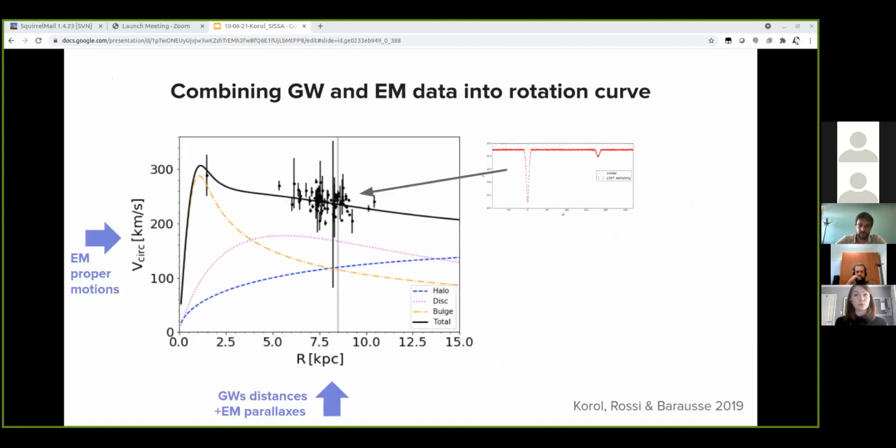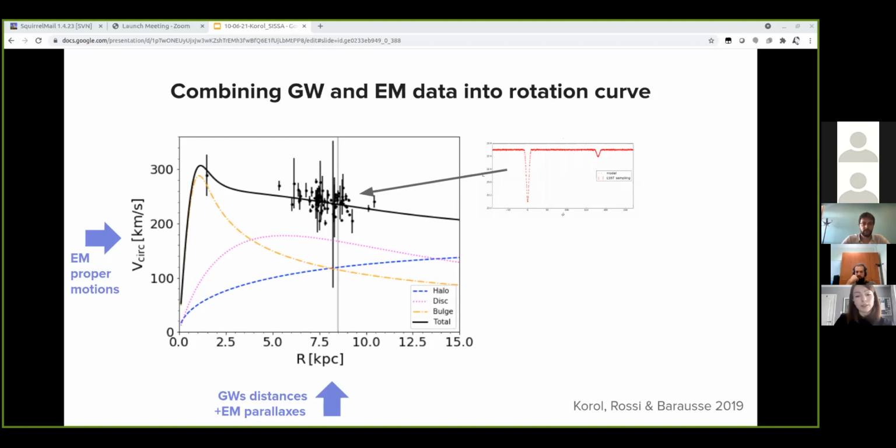Now, in addition to gravitational wave signals, we've also simulated the electromagnetic signals of these binaries. And we found that a few tens can be identified as eclipsing in wide optical surveys, for instance, like Gaia or LSST. So for these multi-messenger detections, using gravitational wave distances in combination with the electromagnetic parallaxes and sky positions, we can narrow down much better the location in the Milky Way.